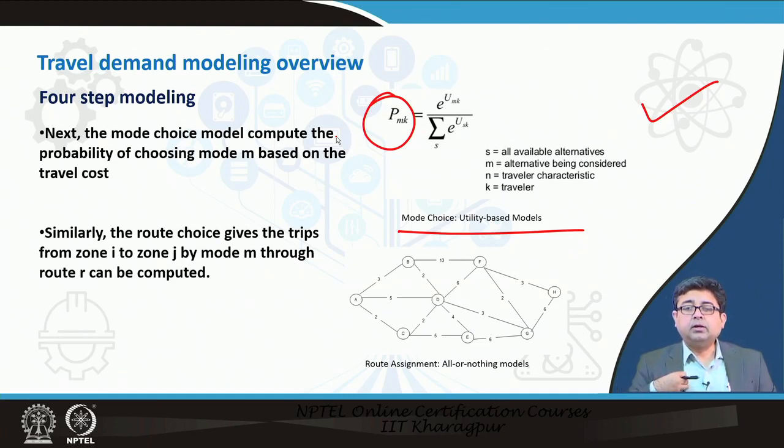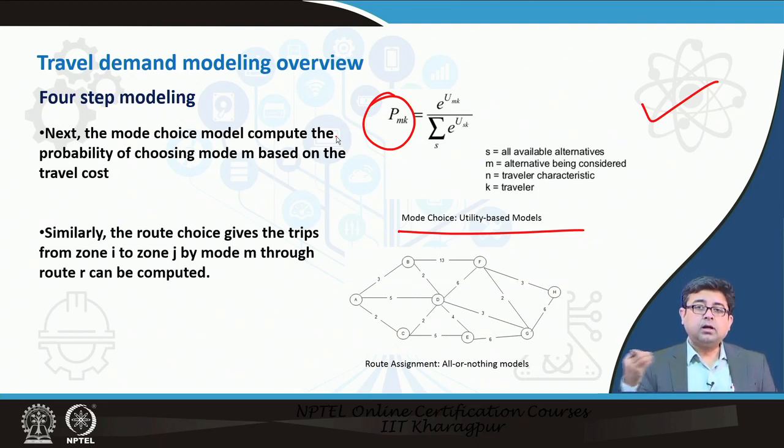If I am a low income person, the compelling parameter to me could be the cost of travel from point A to point B. So, I would look for the cheapest available mode of transport in order to go to my destination. Whereas, if I am a middle class or upper class citizen, then I would maybe give more weightage to comfort or travel time.